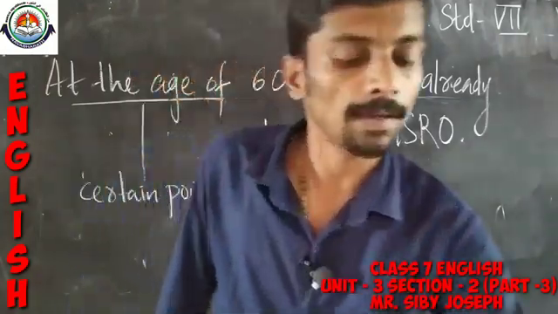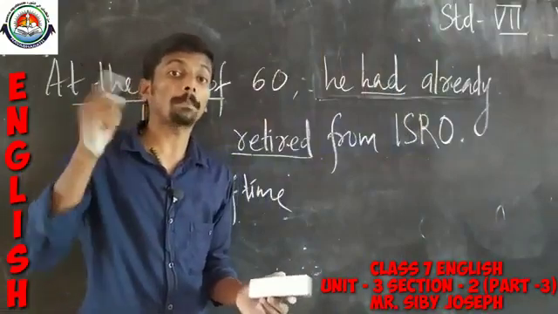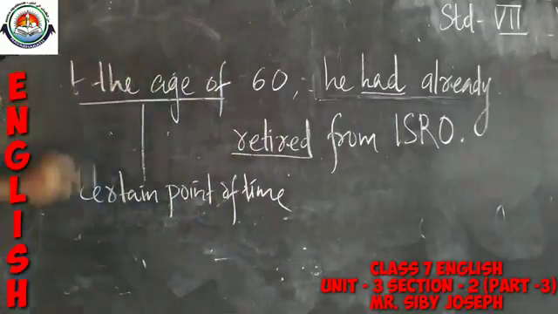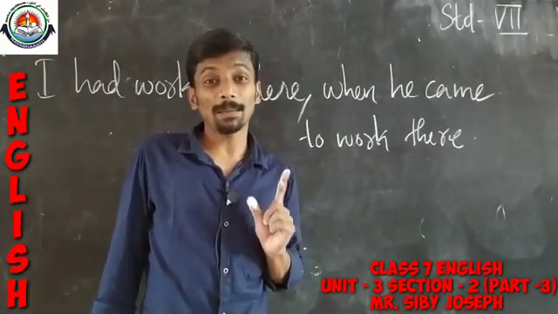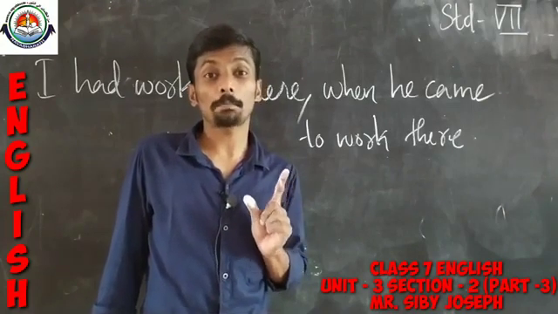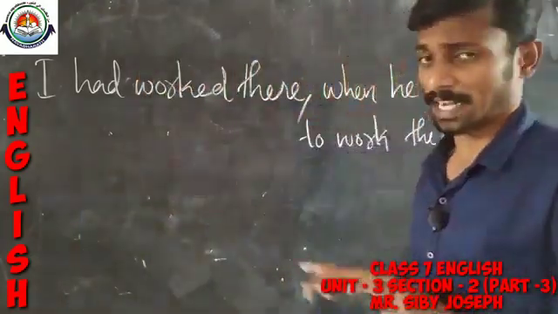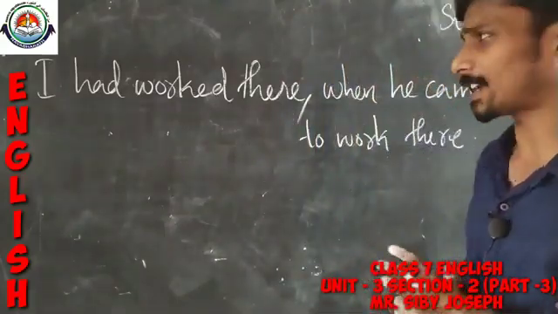Okay. And now we are going back to the first example we have written. Now we are moving on to discuss another important thing while using past perfect. Look at this particular sentence and tell me how many tenses are used in it.